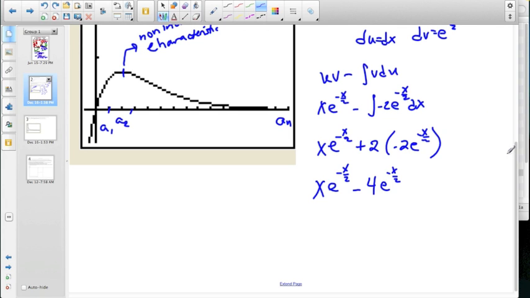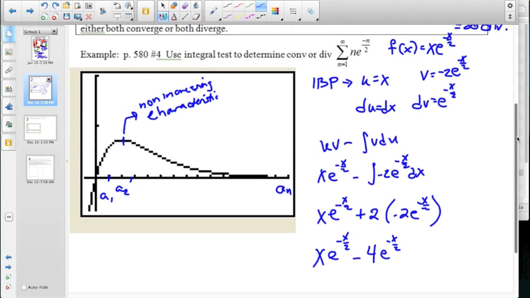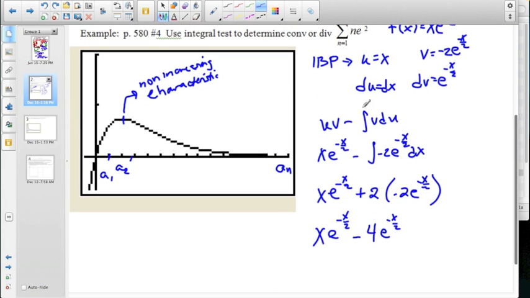I think I dropped a 2 somewhere, u times v. Yes, I did. I should have a minus 2 out here. U times v should have a minus 2 out here. So I just forgot to put in the minus 2.